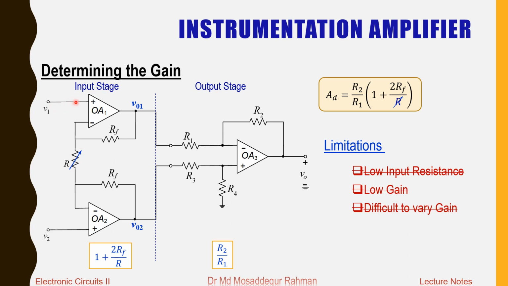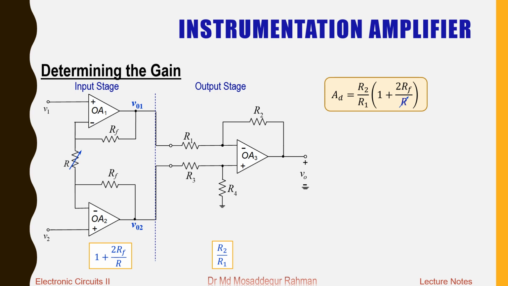This modification now provides ideally infinite input resistance at these non-inverting input terminals, and we have substantially increased the gain, because now the gain is the product of these two gains, and it is possible to achieve very high gain with this modification. And we have also solved the problem of difficulty in varying the gain.